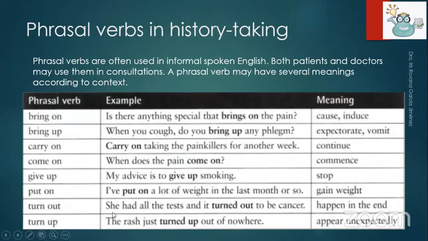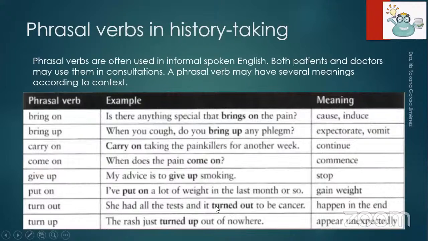Turn out. She had all the tests and it turned out to be cancer. It happened in the end, turn out to get the conclusion, as a conclusion. She had all the tests and it happened to be cancer.